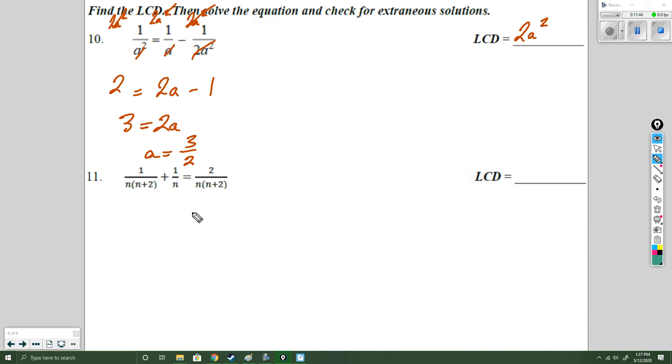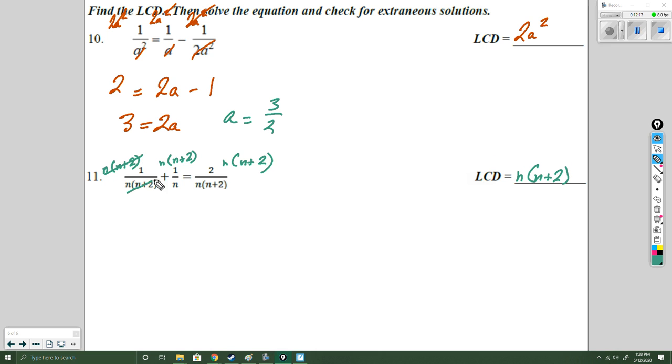All right, for 11, the LCD is already in the problem. It's just n times n plus 2. So now we're going to multiply each one of these by n times n plus 2. I'm going to erase this little bit so it doesn't get in the way. I'll just rewrite it here, just in case you didn't have it down. So n times n plus 2 for each one of these rationals.